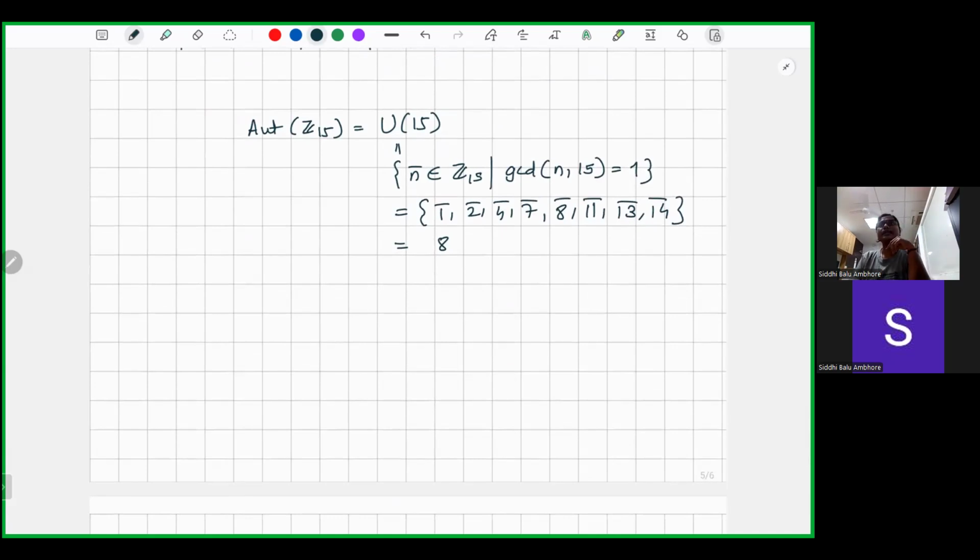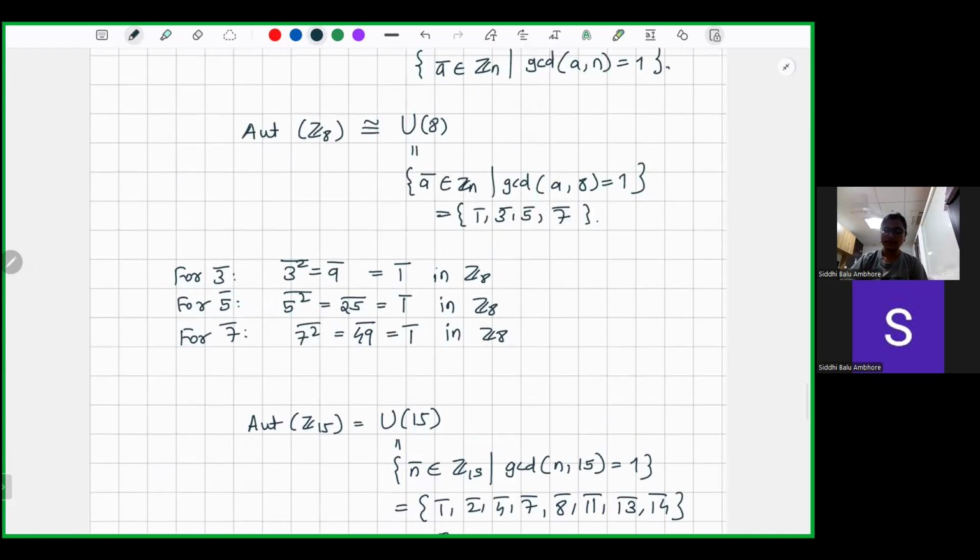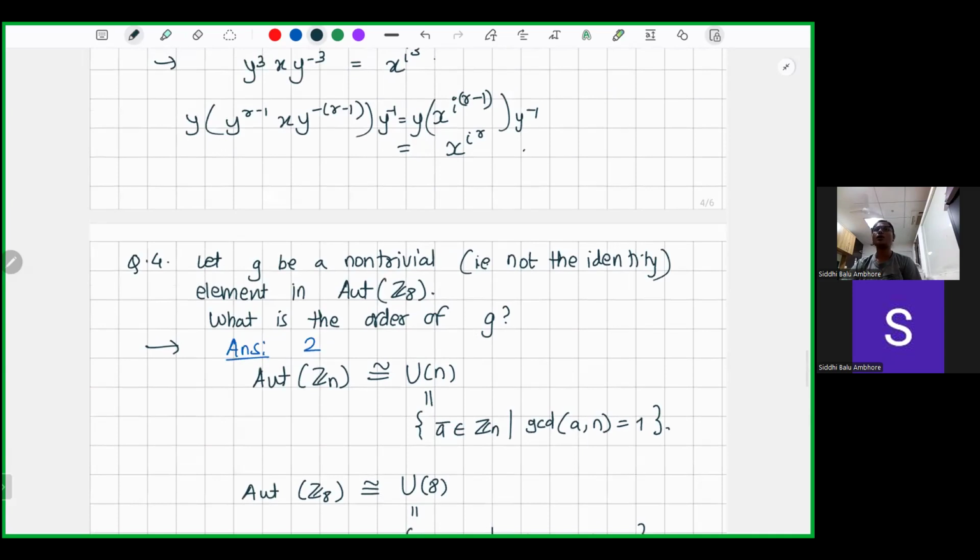Okay, so it has 8 elements, and we can see what is the order of each such element. Here, the order of 8 you can check. The question can be asked like, what is the maximum or minimum possible order of a given element in this Aut Zn?